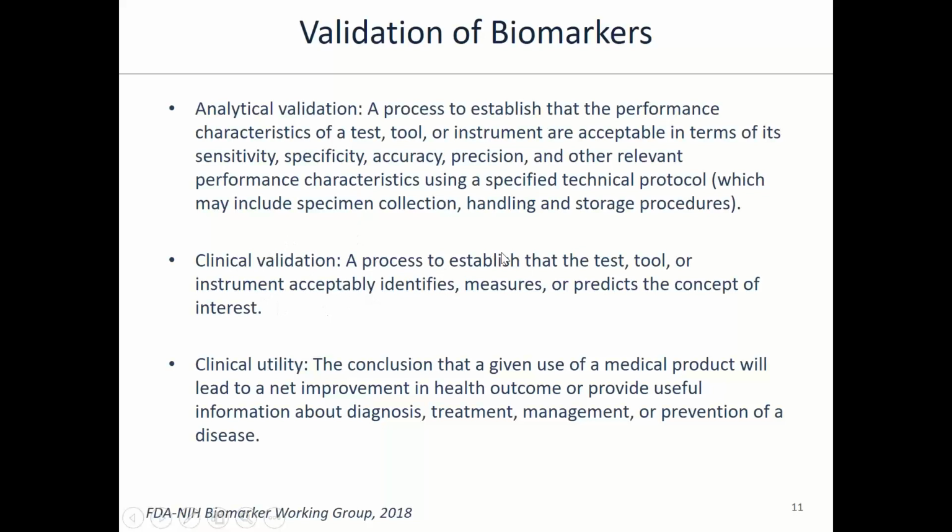Then, if we can establish that the test identifies or measures or predicts some concept of interest, for example, prognosis, this is what we call clinical validation. And then the clinical utility of a certain test or biomarker requires going one step further and showing that the use of that biomarker, for example, leads to improved health outcomes.